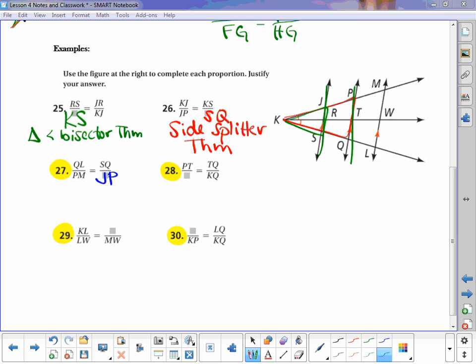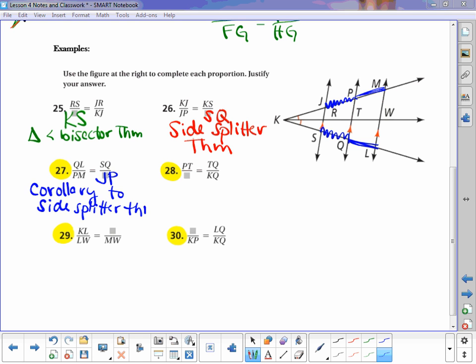So QL to PM, SQ to JP. What do we think for this one? Good. Corollary to side splitter theorem.